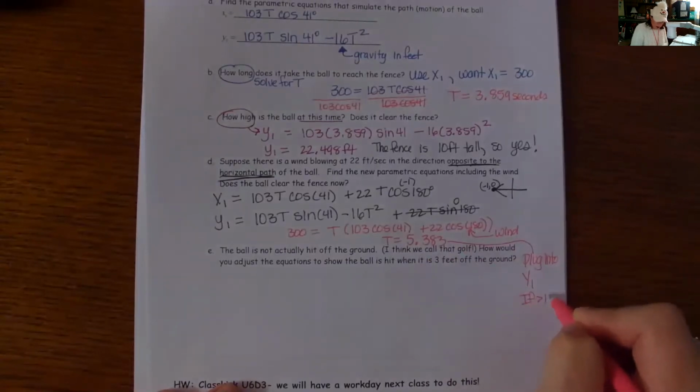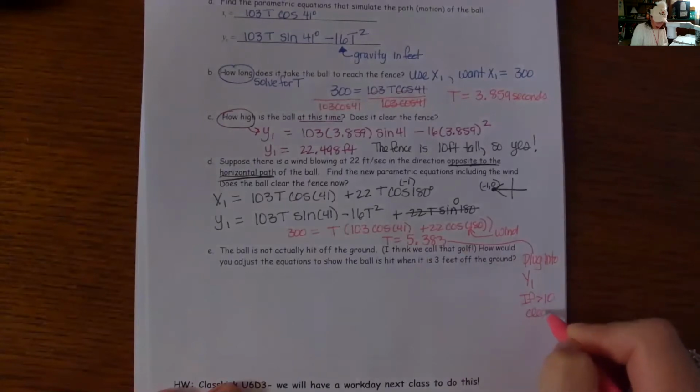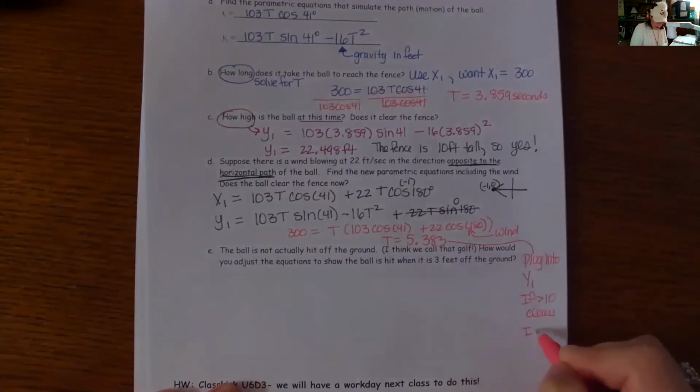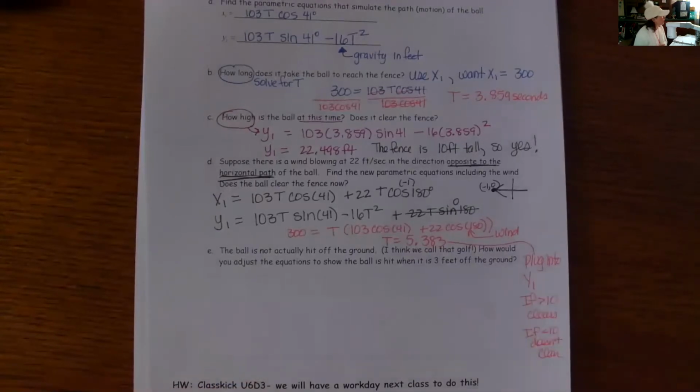If greater than 10, it clears. If less than 10, does not clear the fence, right? So you have to plug into y at that time and see how high it is. So when you take this number, 5.383, and you plug it in, what do you get?